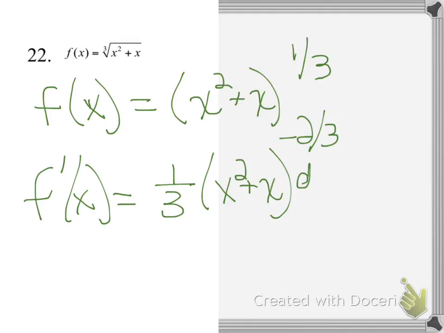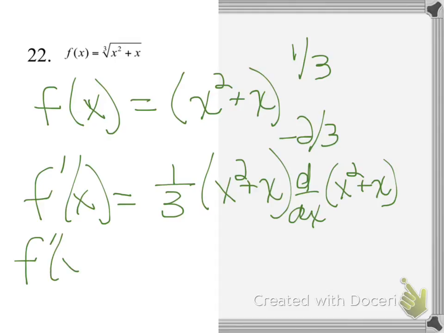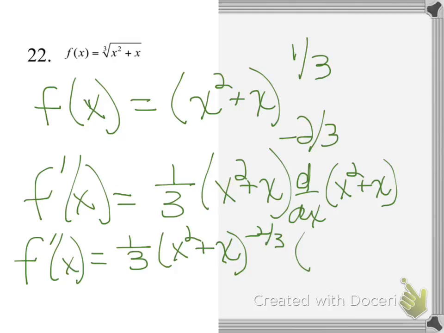And then take the derivative with respect to x of what is inside the parentheses. So, continuing to work, I have 1/3. I have (x squared plus x) to the negative 2/3. And then that derivative in parentheses is 2x plus 1.